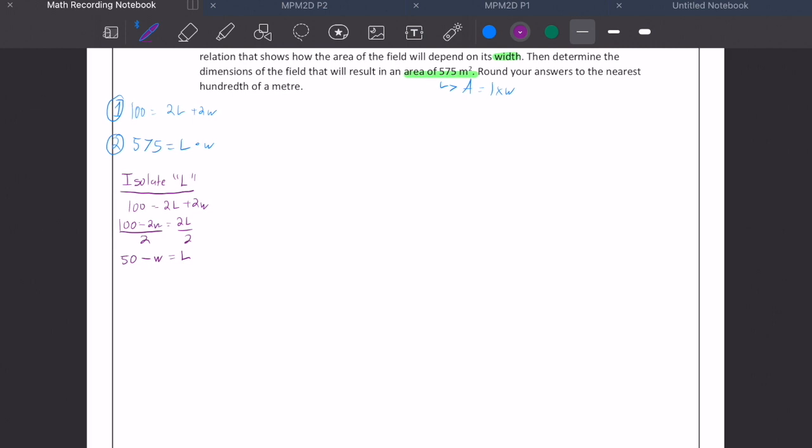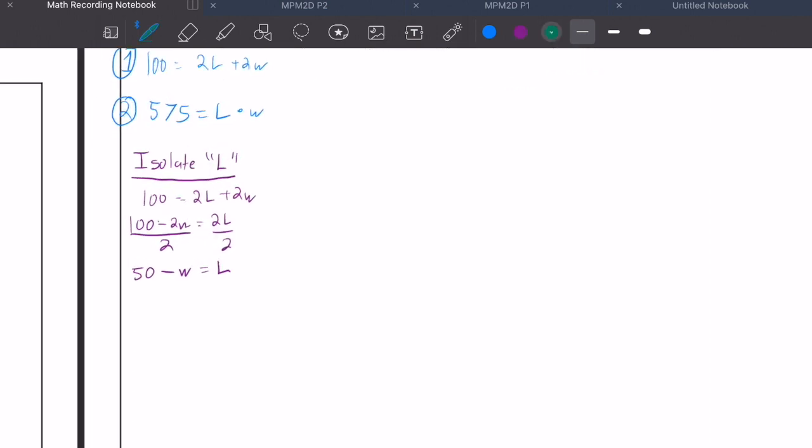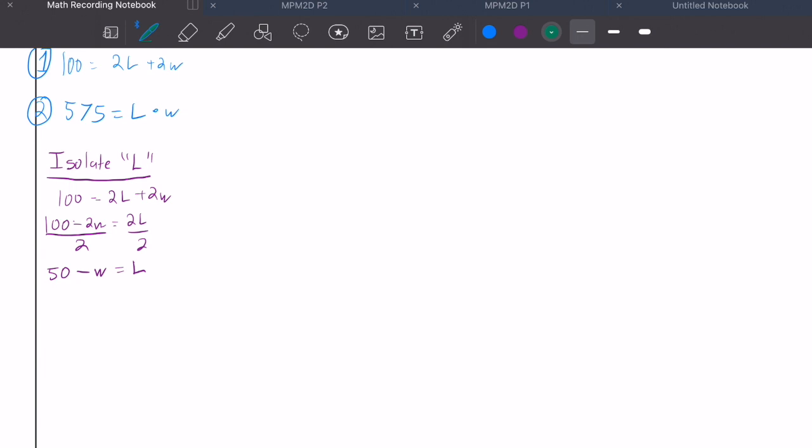So that's our first part. The next thing we want to do is sub L into our second equation. This will start to get us the quadratic equation that we're looking for. Let's see how that ends up happening. So we sub L into 2.